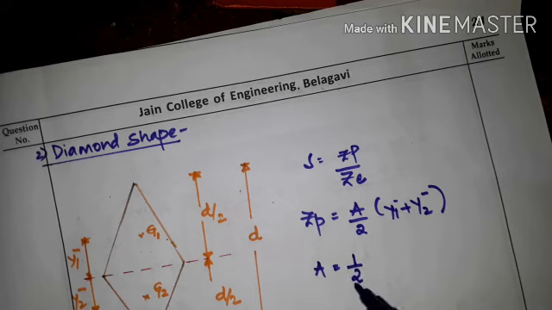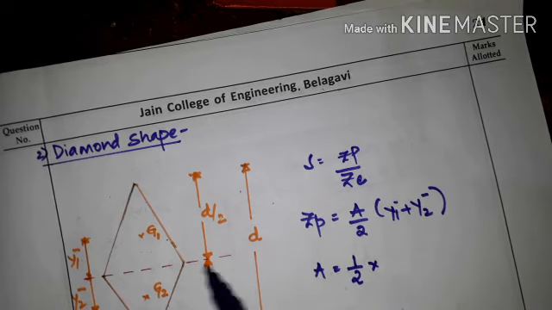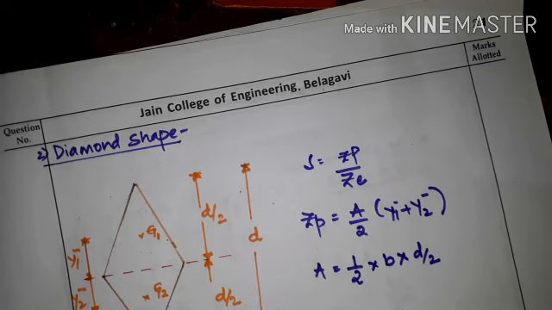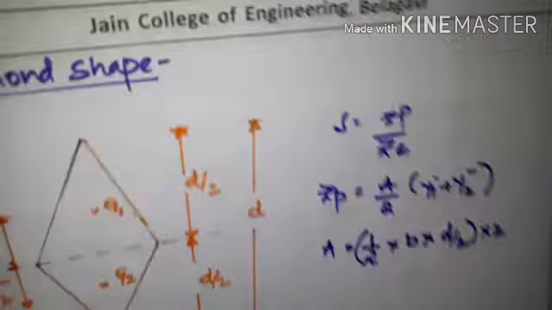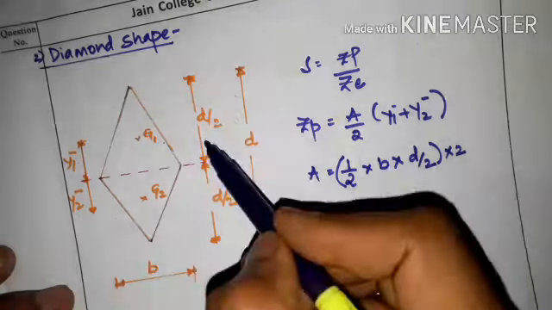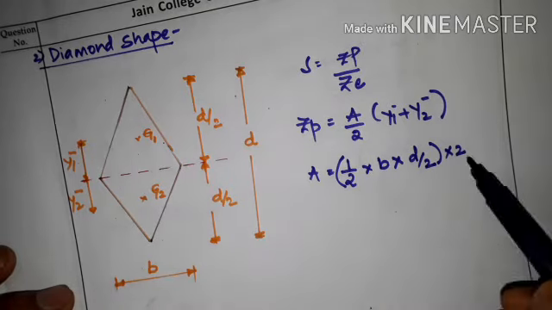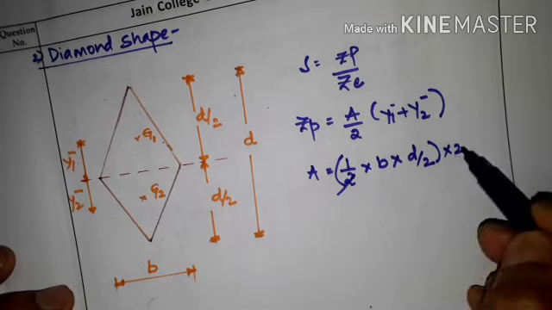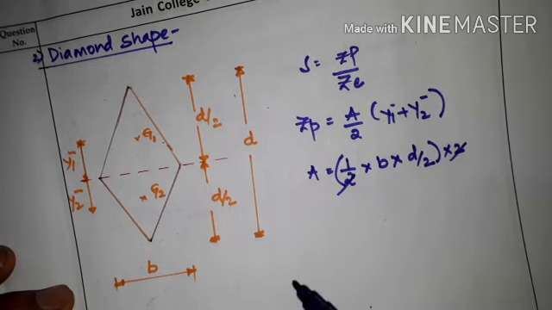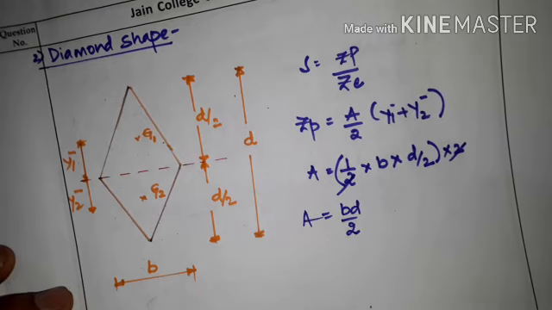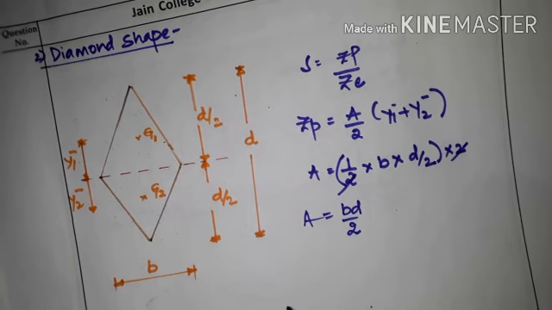Half base B, height D by 2, into 2 triangles. What is the area of the diamond shape? Half base, height D by 2, into 2 triangles, so it is half into B into D by 2 into 2. So these two cancel, and we get the area as BD by 2.